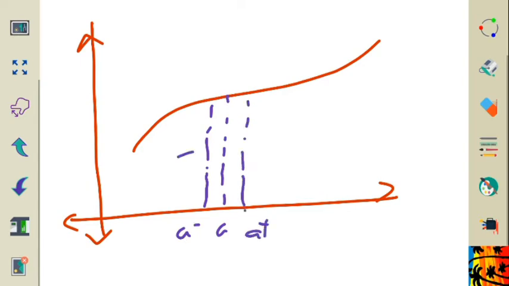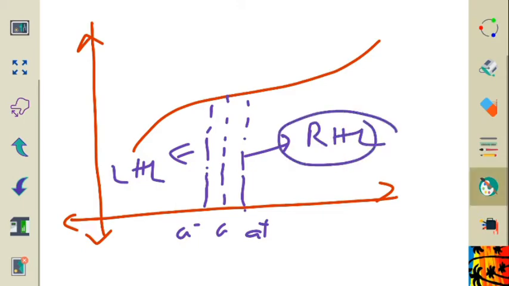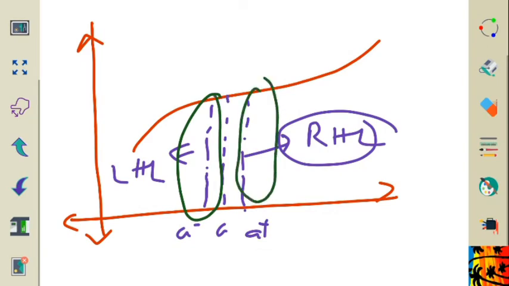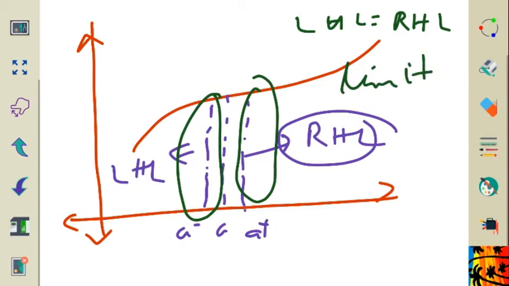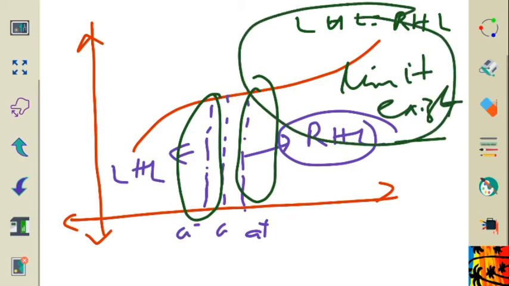This height will be called LHL and this height will be called RHL. Now you can clearly see here that this is the LHL and this is the RHL, they are the same. So here LHL is equal to RHL, hence here I say limit exists. So this is the concept of existence of limit, right?